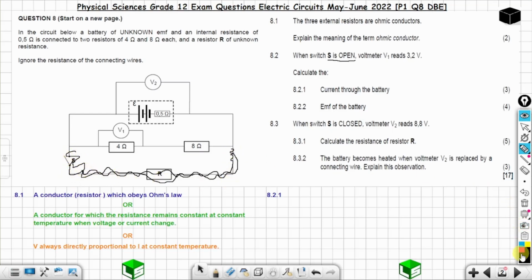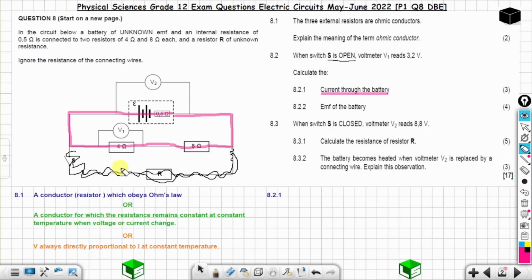Now, the question is to calculate the current through the battery. Okay, so can you see the current from the battery will be the same current that is going to flow through the 4 ohms, and then will be the same current that is going to flow through the 8 ohms and then back to the battery.